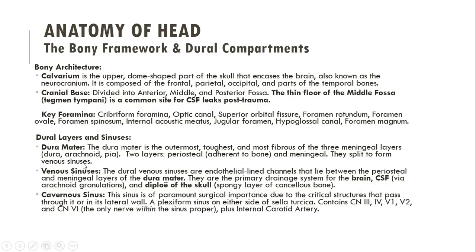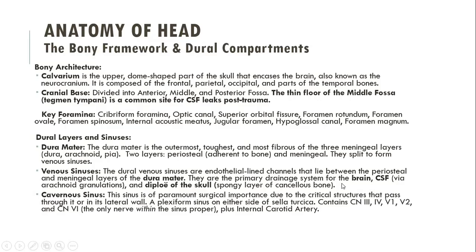Now, what are the venous sinuses? Venous sinuses are the dural venous sinuses, endothelial lined channels that lie between the periosteal and meningeal layers of the dura mater. These are primarily the drainage system for the brain, through which blood drains into the vena cava system.